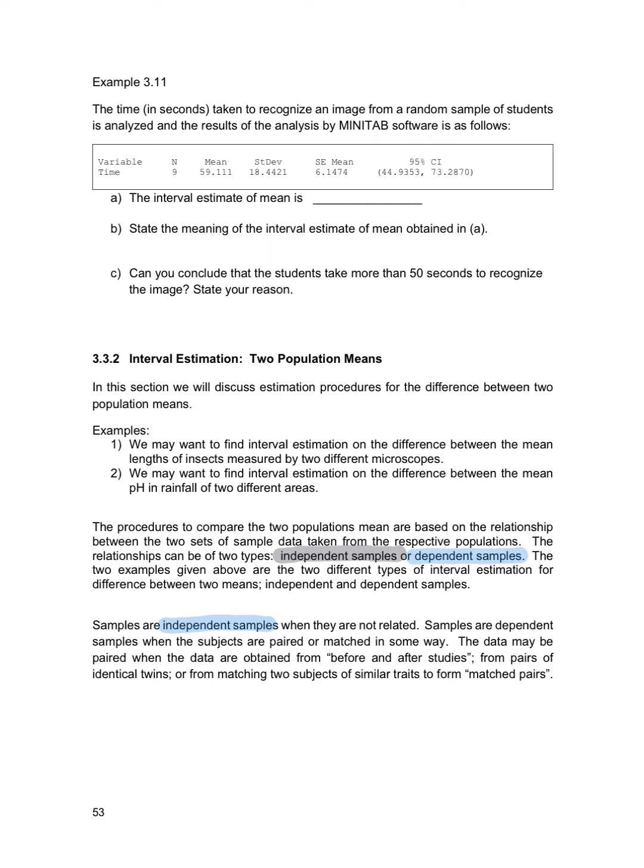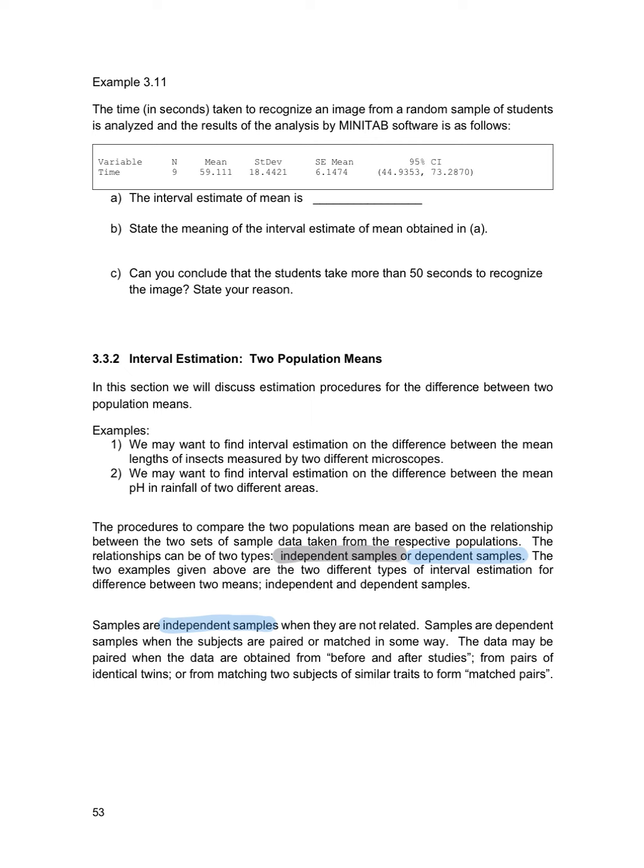Let's say I want to see whether there is any difference in their CGPA. So I measure from males and I measure from females. Clearly we can see that there are two groups of sample that are not related at all.